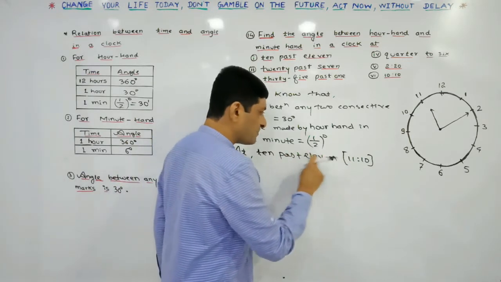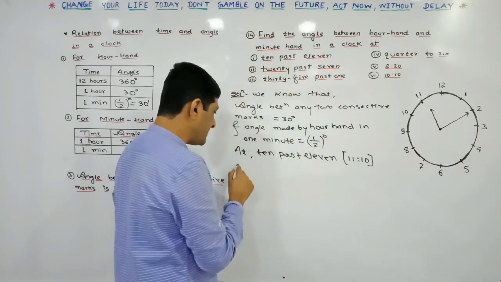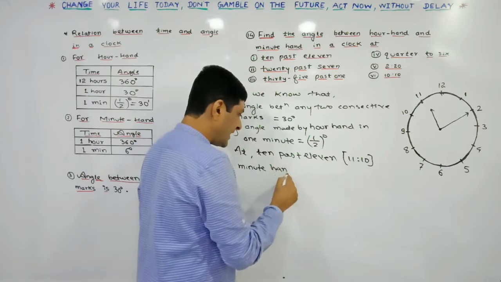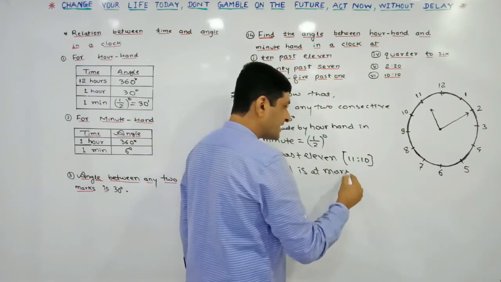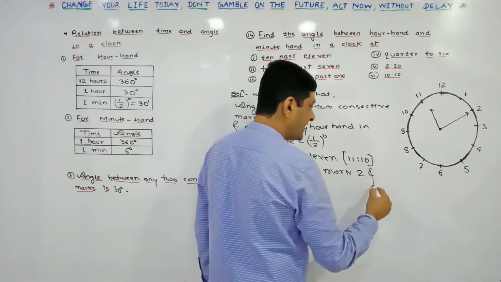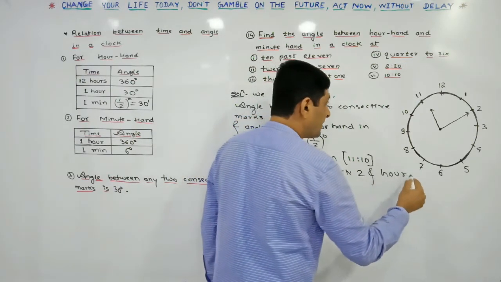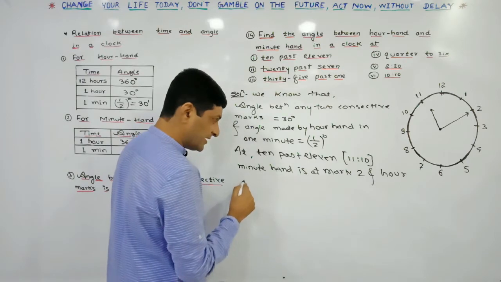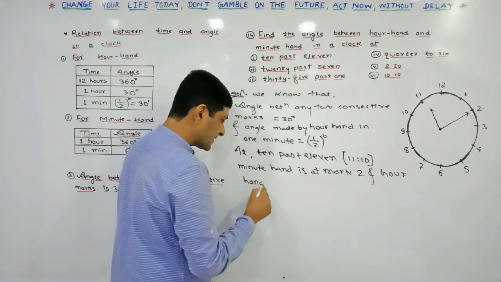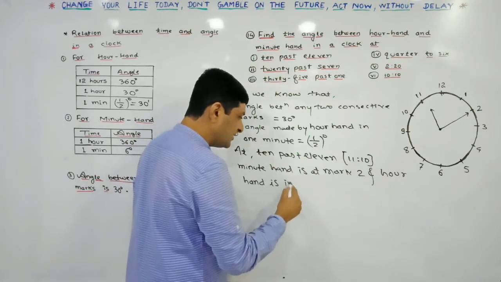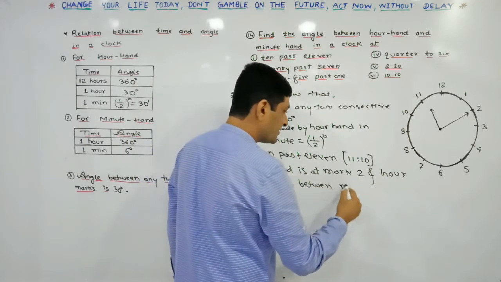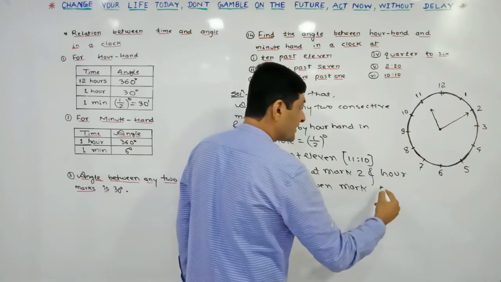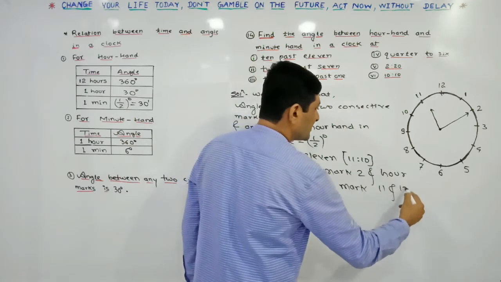First write down all these things. At 10 past 11, we can observe that the minute hand is at mark 2, and the hour hand is in between mark 11 and 12.